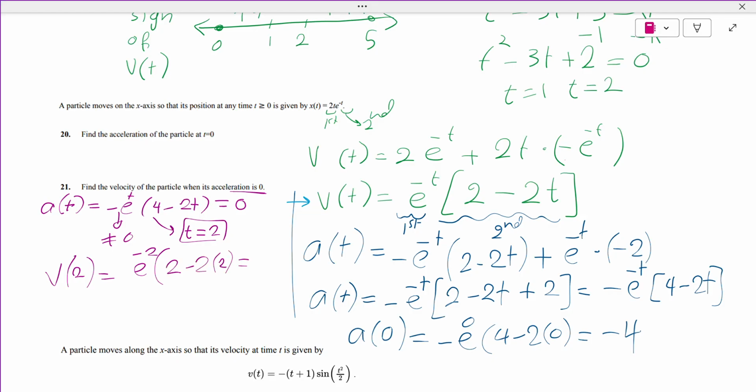Well, as a final answer for the velocity, it's going to be negative 0.271. This is question 21.